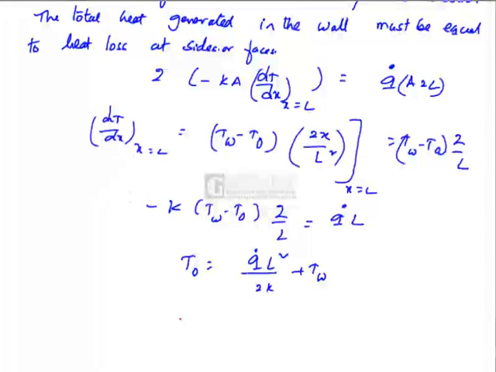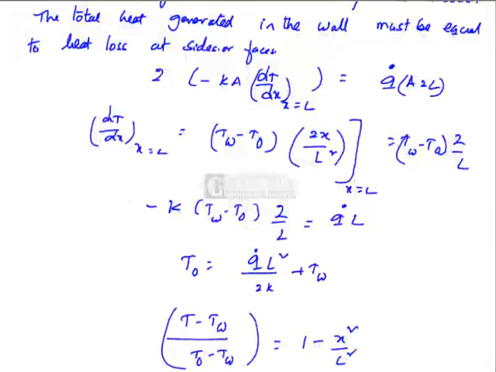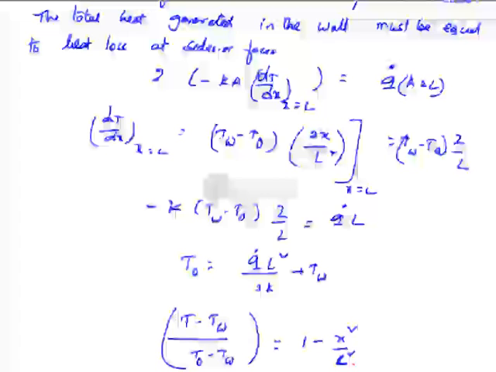Therefore, temperature distribution now is T minus Tw by T0 minus Tw is equal to 1 minus x square by L square. Where T0 is the midplane temperature. Tw is the wall temperature at x is equal to plus L or minus L. T is the temperature at any x measured from the midplane. L is the half of the total width of the slab.